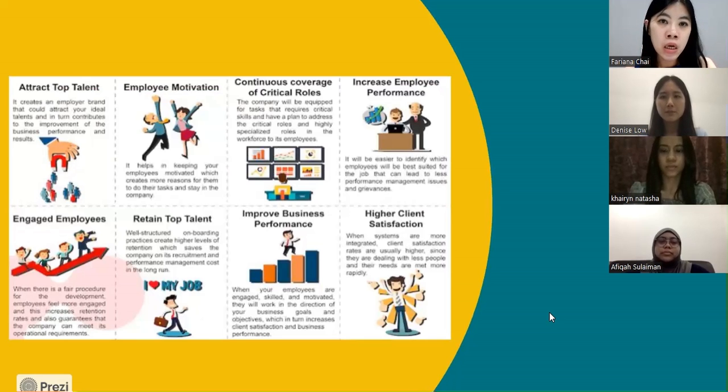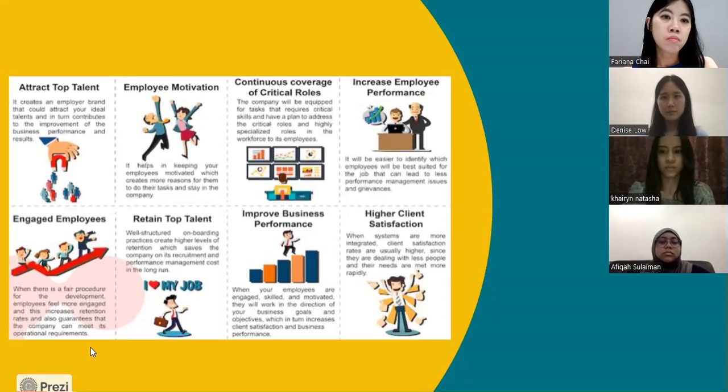It also equips companies with the critical skills to hire for highly specialized roles. And then increased employee performance: strategic talent management can help the organization identify the best employees suited for the job.